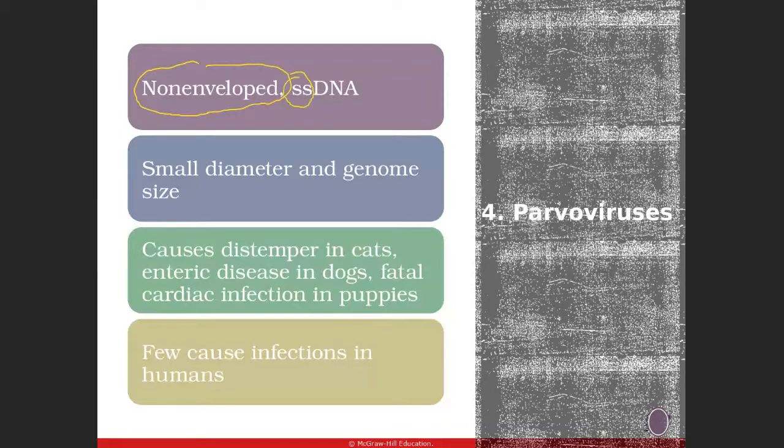ssDNA virus. It's going to be a capsid, and then the single-stranded DNA inside the capsid, in the nuclear center. Mostly this virus causes infection in animals like cats and dogs, called distemper.